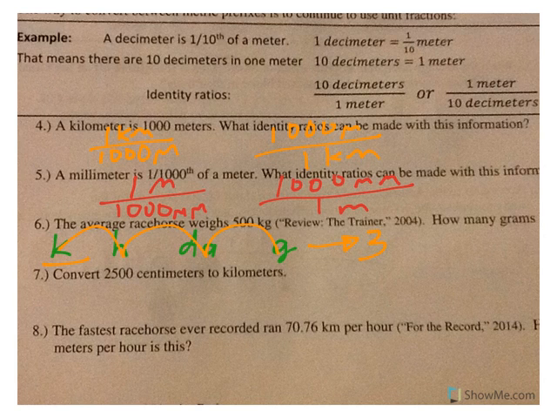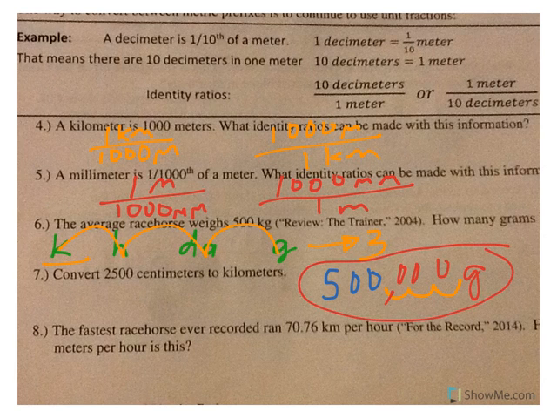So we are going to move our decimal 3 places to the right. So if my number is 500 kilograms, I don't want to put the K there because it's in my way. Now I want to move my decimal 3 places to the right. So right now it's here. 1, 2, 3. What do I put in my humps? That's right, zeros. So we end up with 500,000 grams.